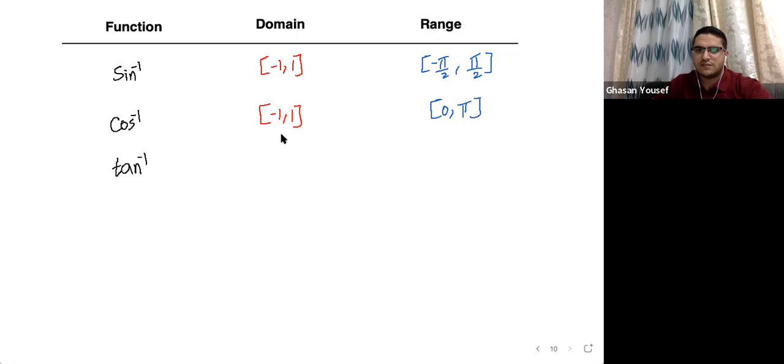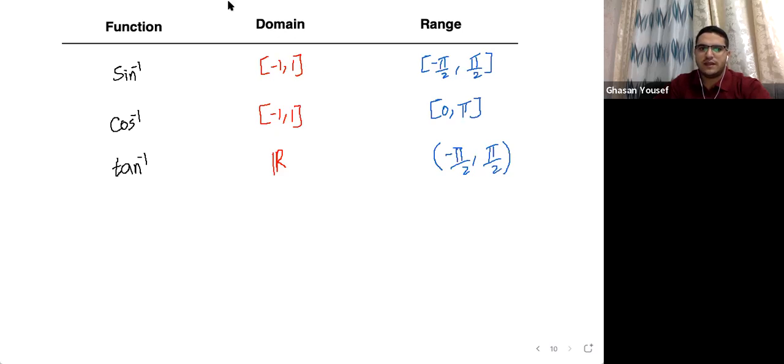The domain is from -infinity to infinity, which is R, and the range must be the open interval from -π/2 to π/2.